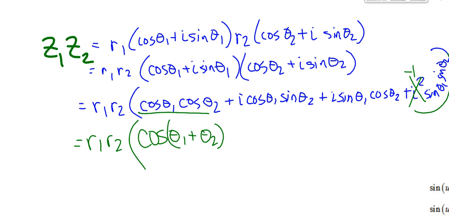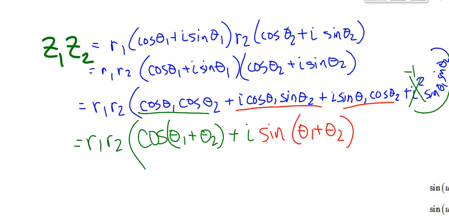And then look at this one. I have sine theta 1, cosine theta 2 plus cosine theta 1, sine theta 2 with the I in front, plus I. And then what is that? Sine of theta 1 plus theta 2.